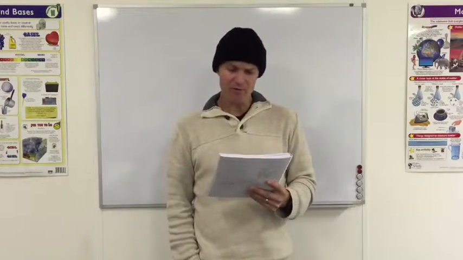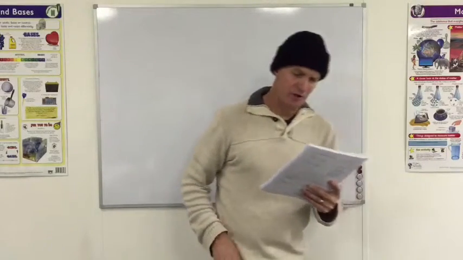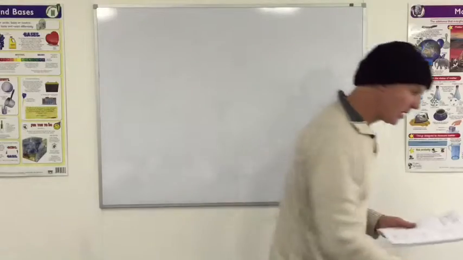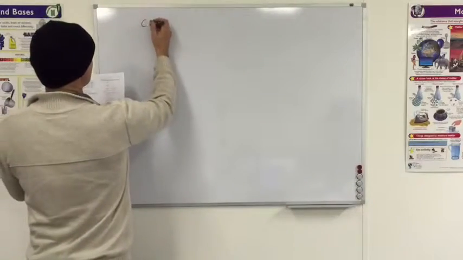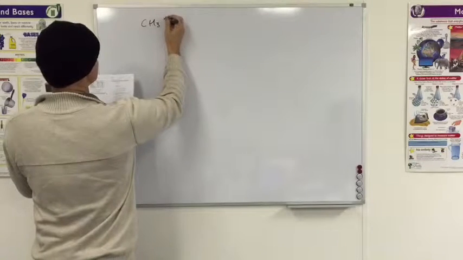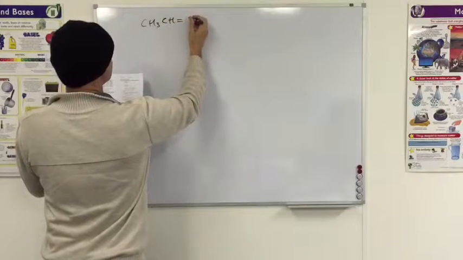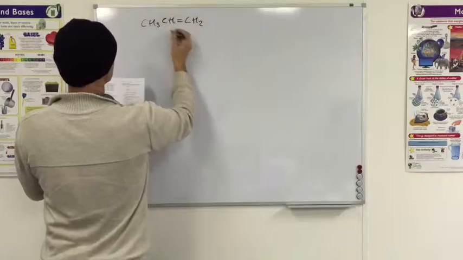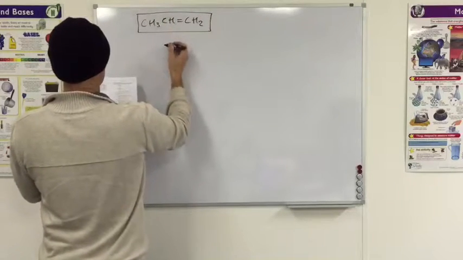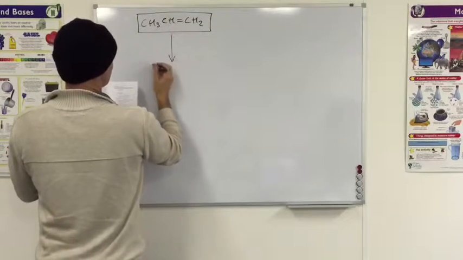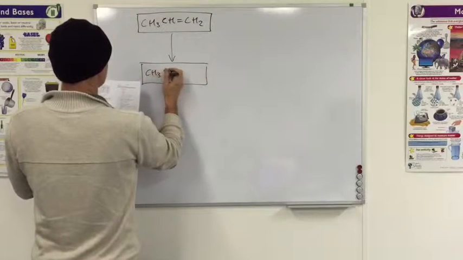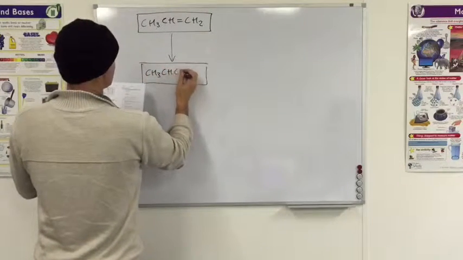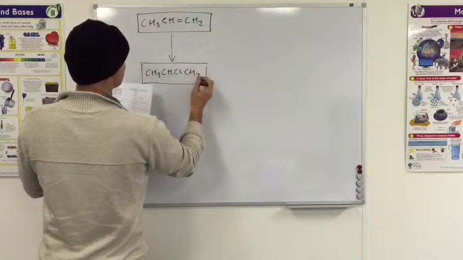Okay, 4.2, there are 4 parts here. Write down the type of reaction of which X is an example. So, just so you can have a look on the video, but I would like you to download it. This is our alkene, that's our starting point. Then X is making this substance here, CH3CHClCH3.